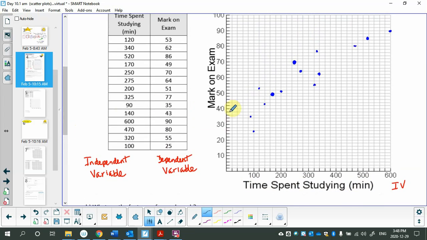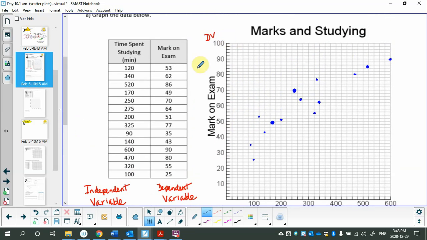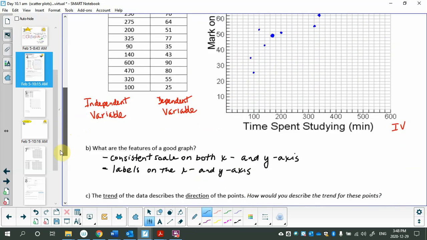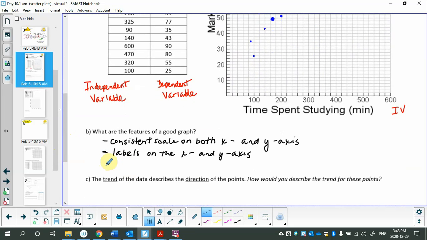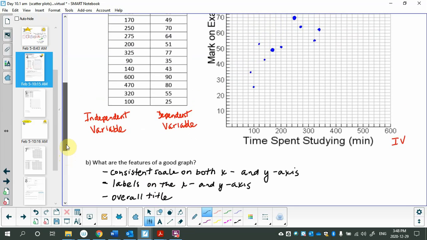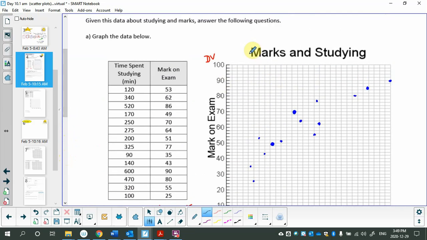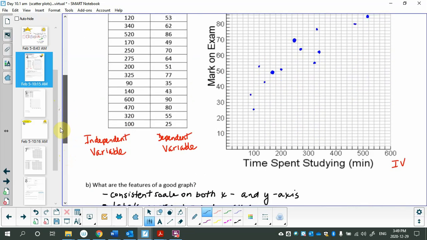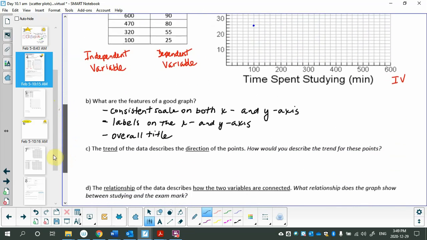On the up and down, it's the mark on the exam, so it's implied that it's out of 100%. And then the last thing that's a feature of a good graph is an overall title. So this graph had all the stuff given to you to begin with. Marks and Studying is the overall title. So that's for every graph.